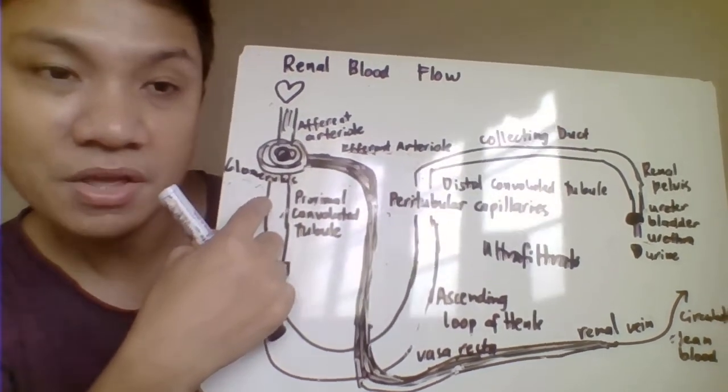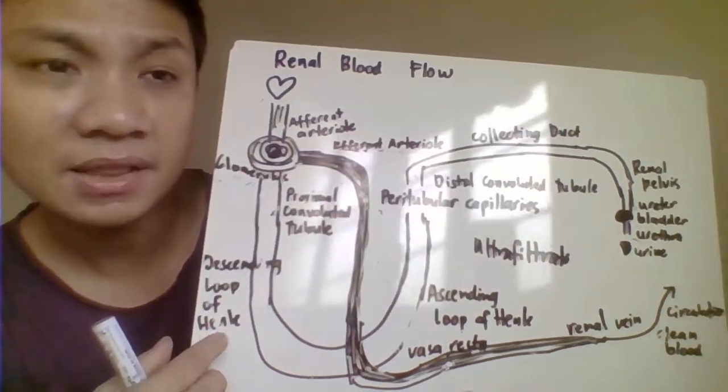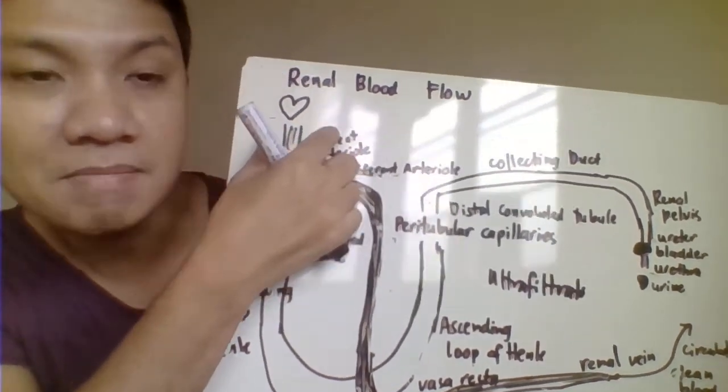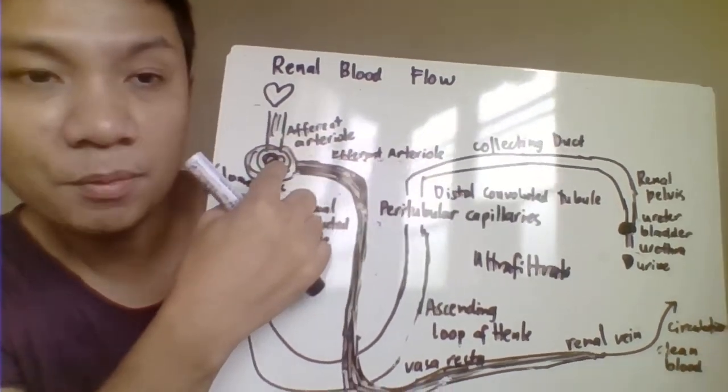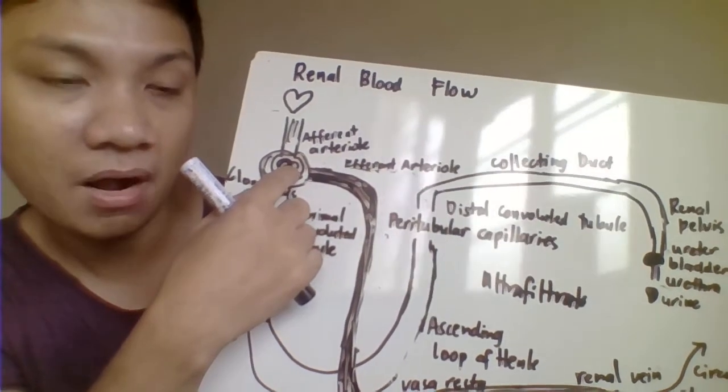Okay, starting with your proximal convoluted tubules. So, pag sinabing 1,200 ml per minute, so ito lahat ng blood na 1,200 ml per minute ang pumapasok dito, ang pumupunta dito sa ating kidney by coming from your heart, being pumped by your heart.